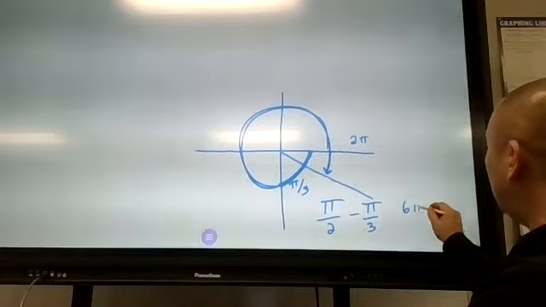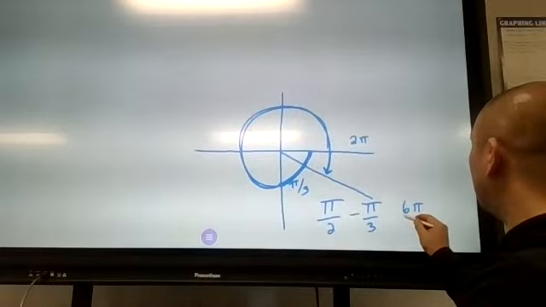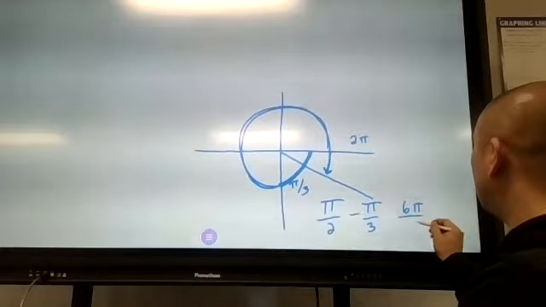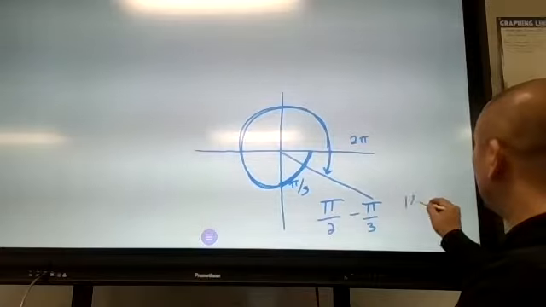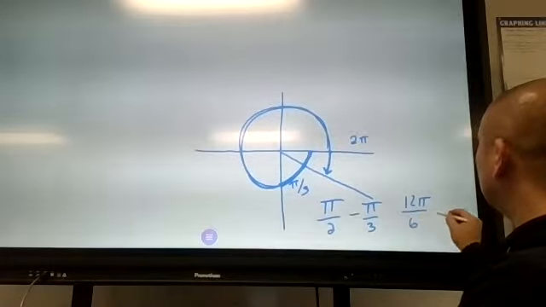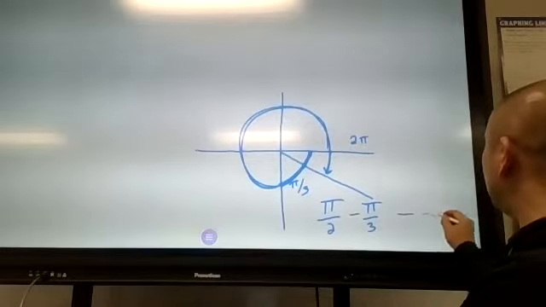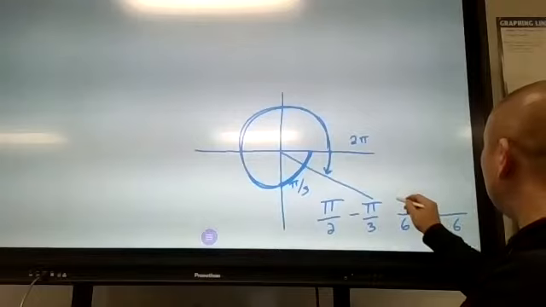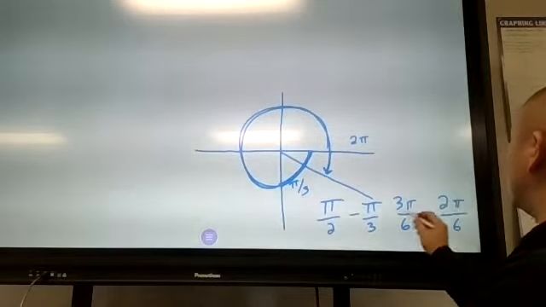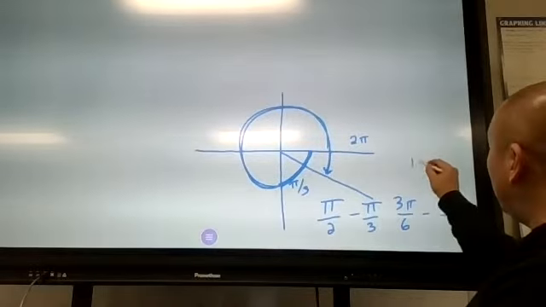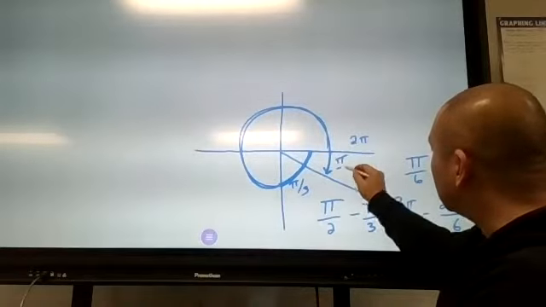The common denominator is 6, so it would be 3 pi over 6 minus 2 pi over 6. When you subtract these two, it's pi over 6. So this portion right here is pi over 6.